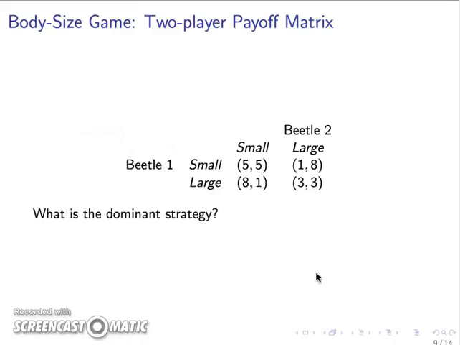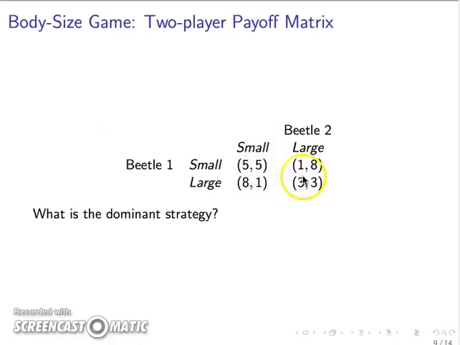So this is the scenario we were considering, and we were writing the information in this table called the two-player payoff matrix. We are able to read out of here the values of payoff that one individual may obtain.